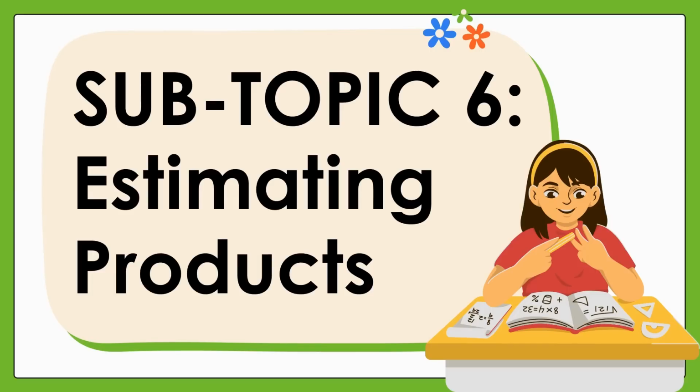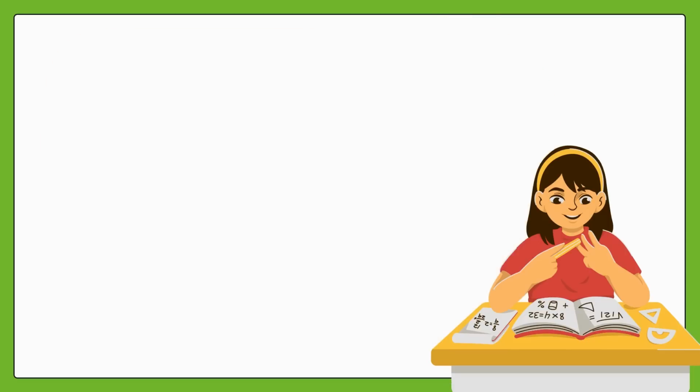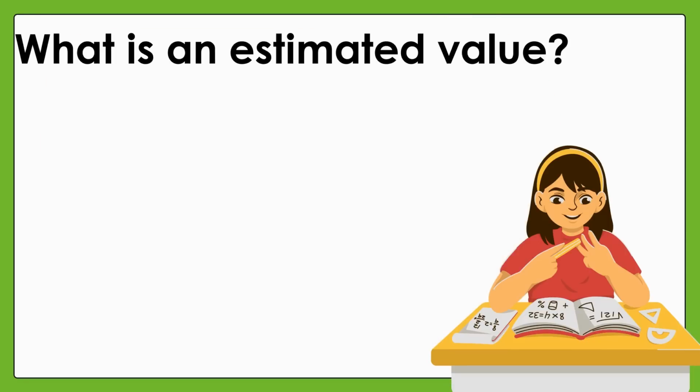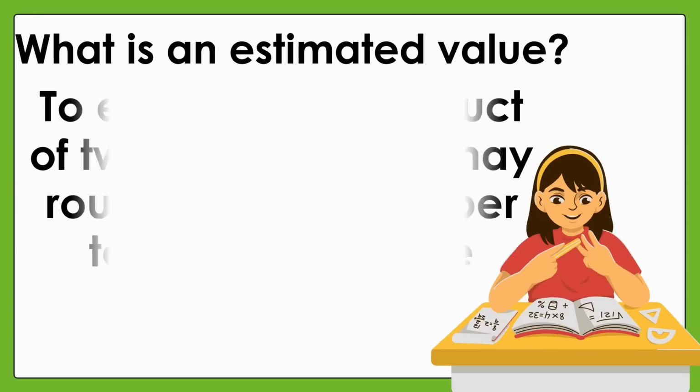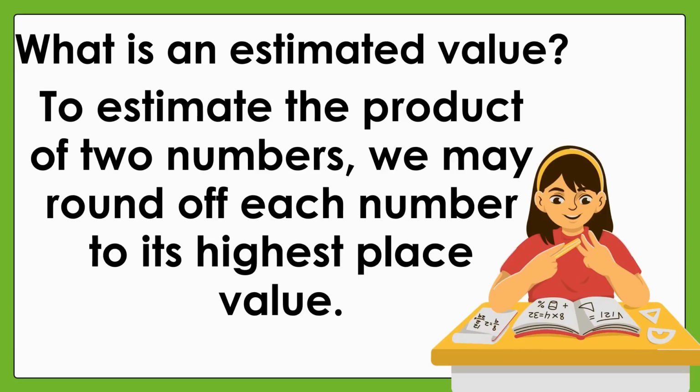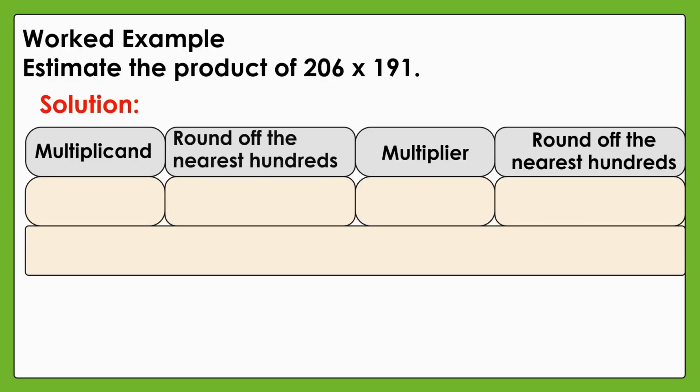Subtopic number 6, estimating products. What is an estimated value? To estimate the product of two numbers, we may round off each number to its highest place value. Worked example, estimate the product of 206 times 191.